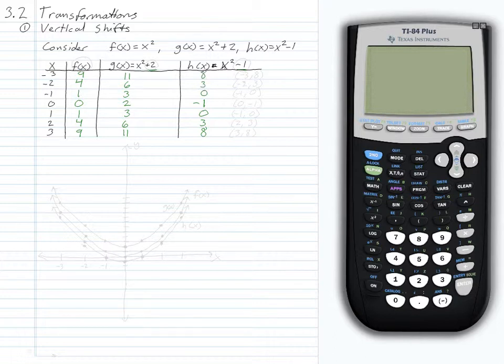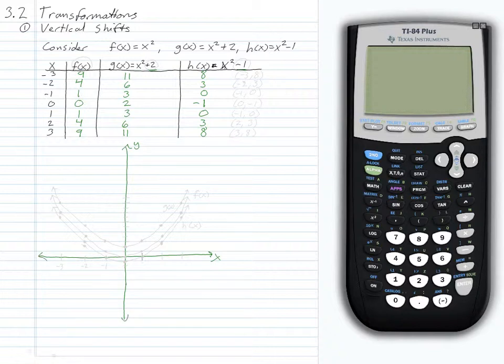So with this table, we can then attempt to graph this set of functions. Give ourselves a nice big axis to work with. Okay.